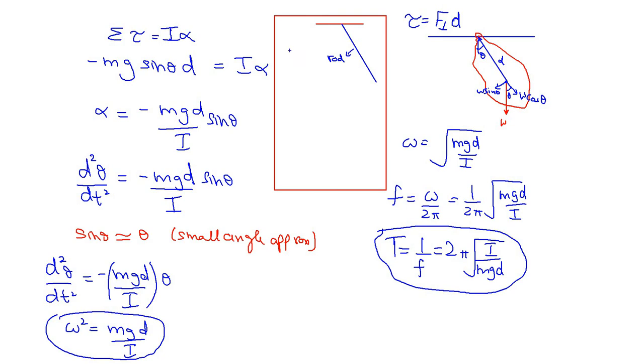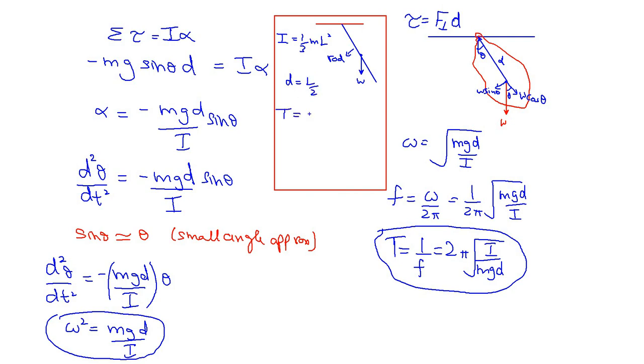Remember the moment of inertia around the end is 1 over 3 ml squared, and we discussed this in the rotation chapter. The weight is going to act at the center of mass, which in this case is at a distance L by 2. This is your weight, and so d, in other words, is L by 2.